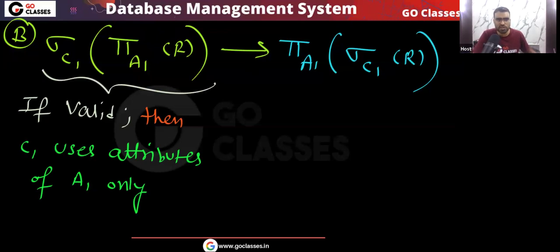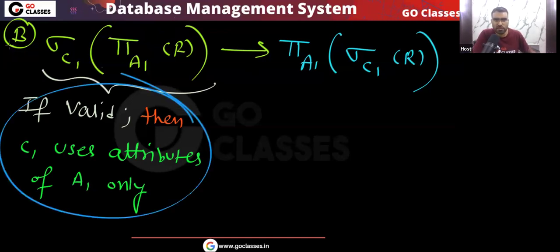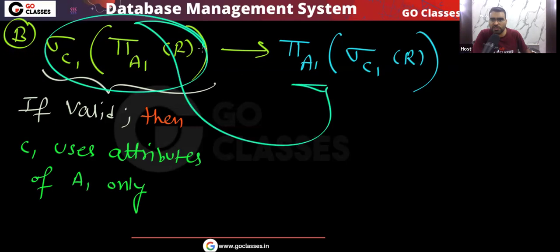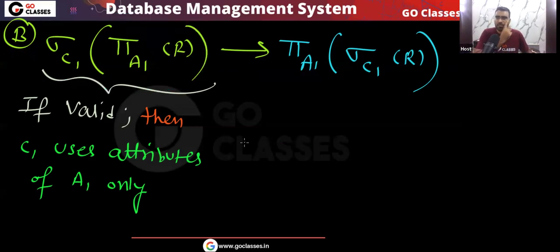Now in this situation, when C1 is using attributes of A1 only, then definitely we can replace this query with this query. We have already seen this in our lecture. Agree with me? Please tell me. Is this question clear? So option B, this transformation is correct.